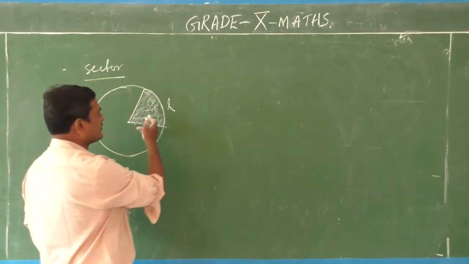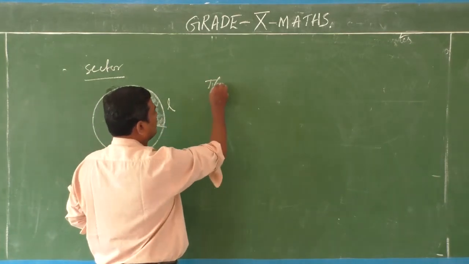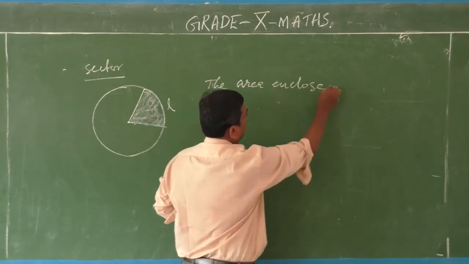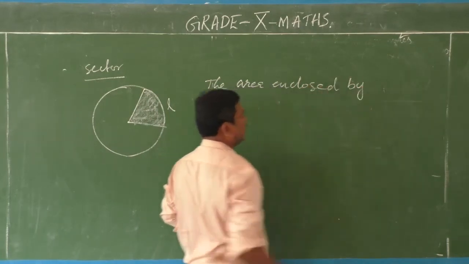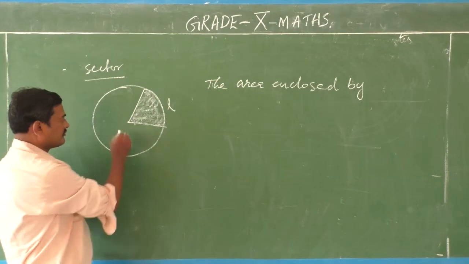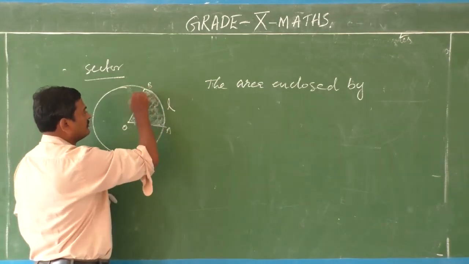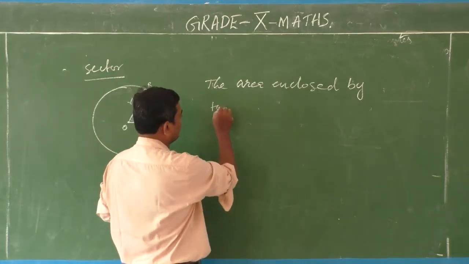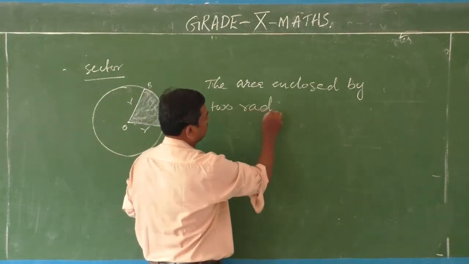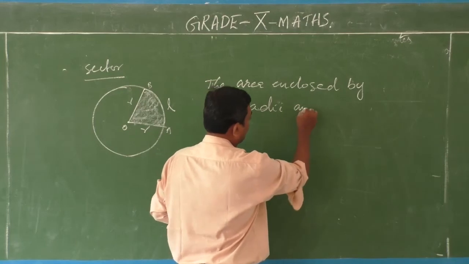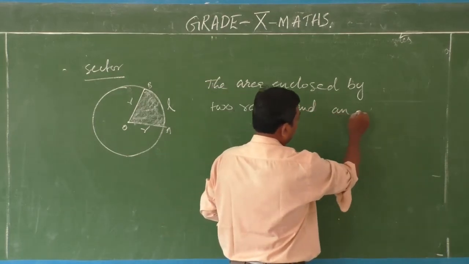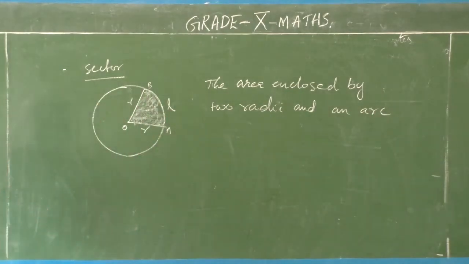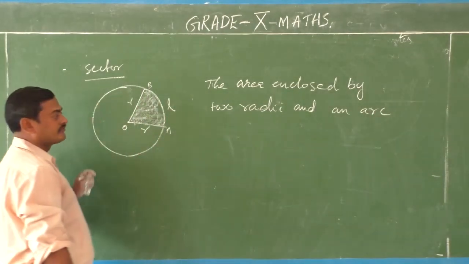How can we define the sector of the circle? The area enclosed by OAB, that is by two radii and an arc, is called a sector of the circle.